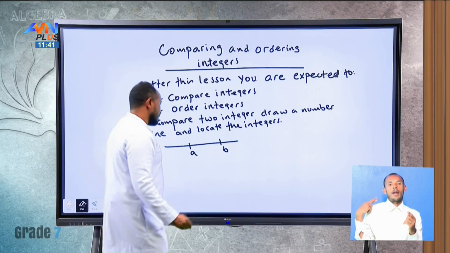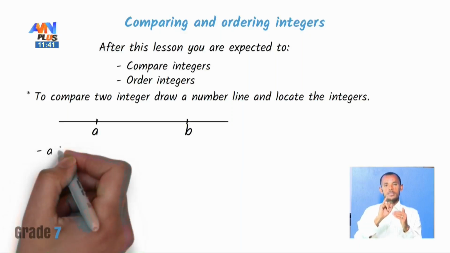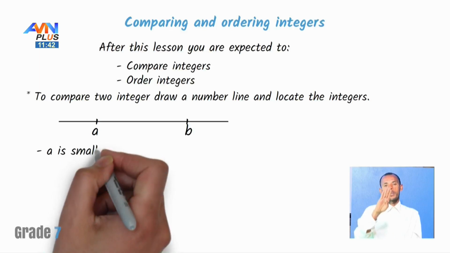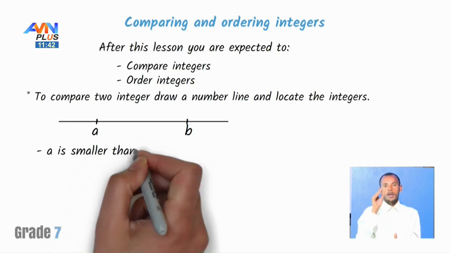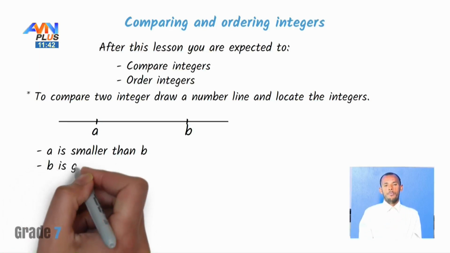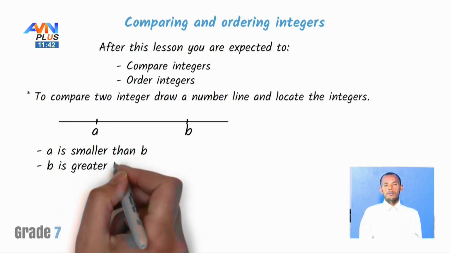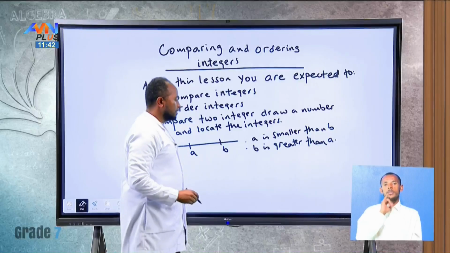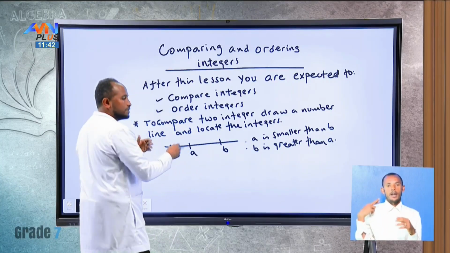A is smaller than B, it's less than B. And B is bigger, or greater than A. Therefore, the number to the right is a bigger number, the number to the left is a smaller number.